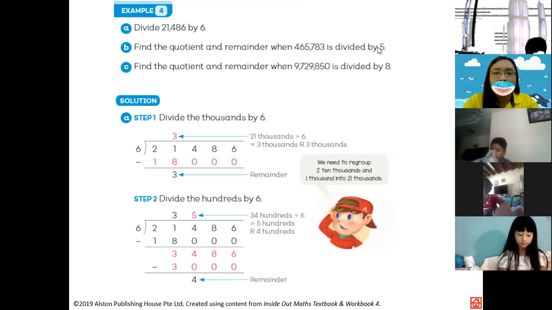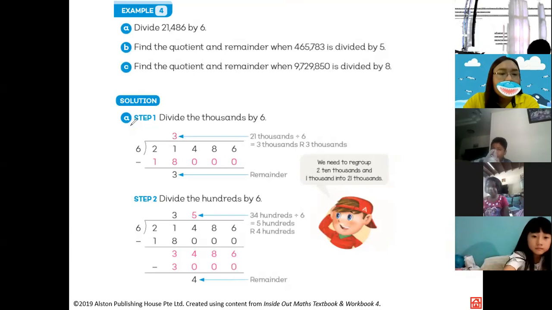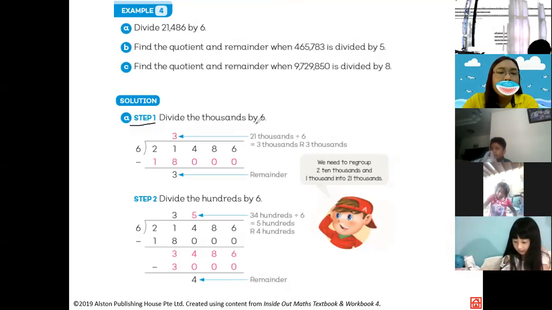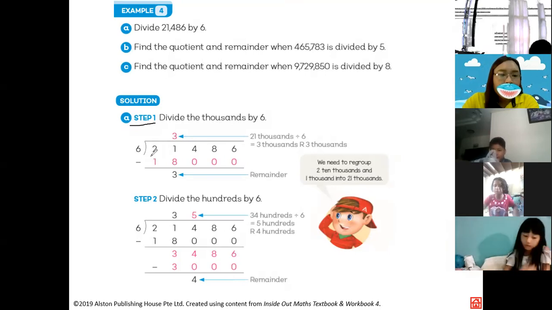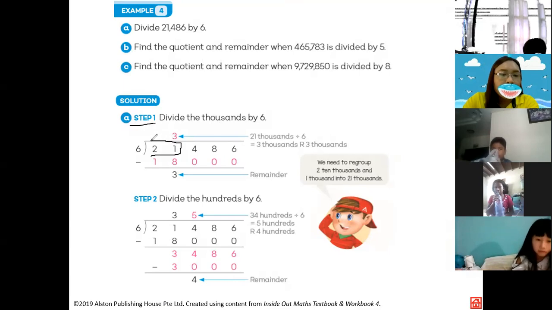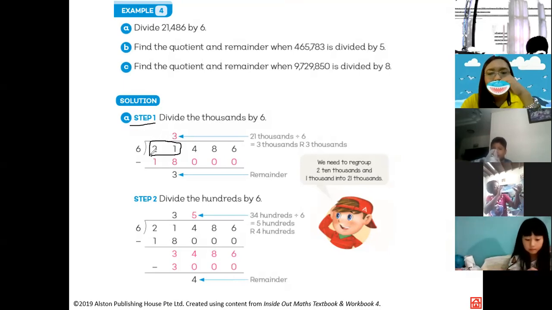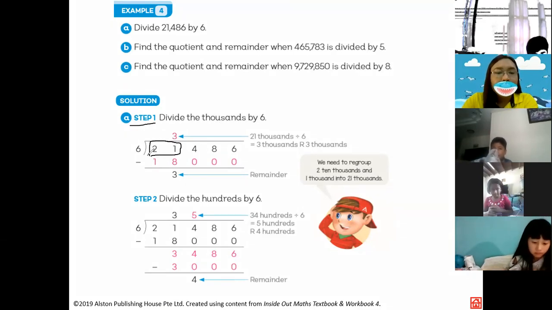Step number 1, divide the thousands by 6. First we divide the number in the thousands place, which is 21,000.